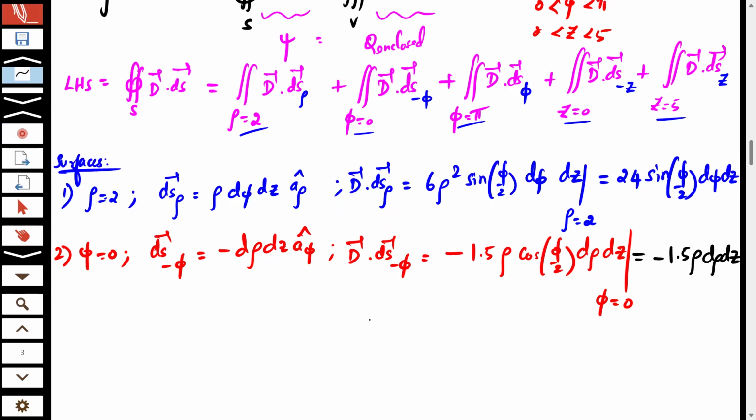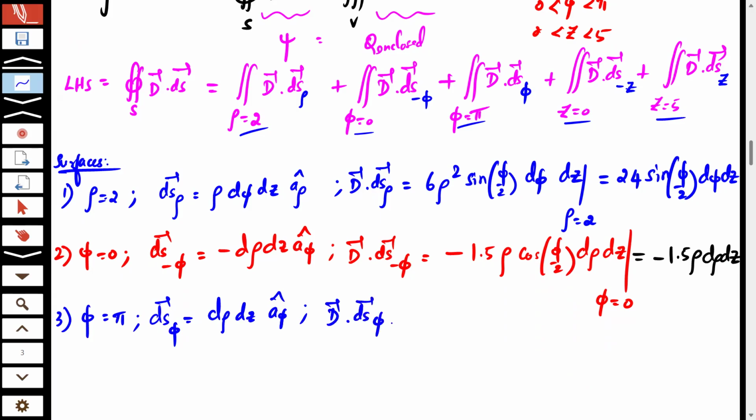And we should do similarly for the third surface. I'm using the colors interchangeably so that the next steps should look different for you. That is not a big deal. So dS vector in positive phi direction will be d rho dz a phi cap. Now similar D dot dS will give phi component, and phi component should be multiplied.